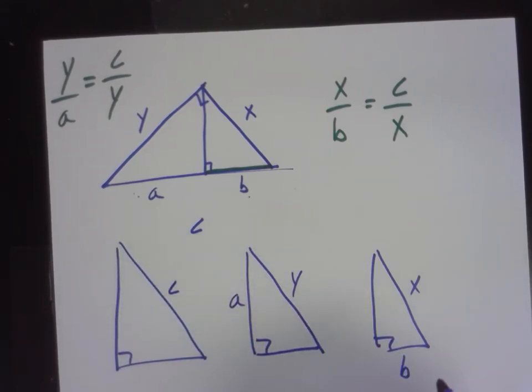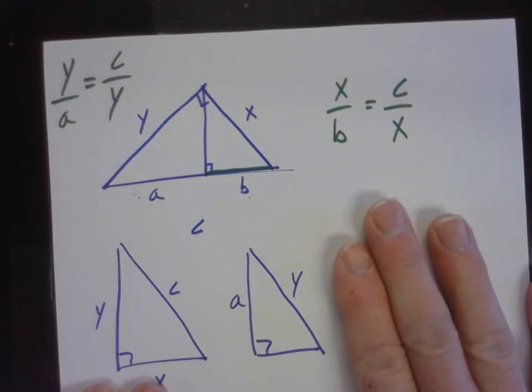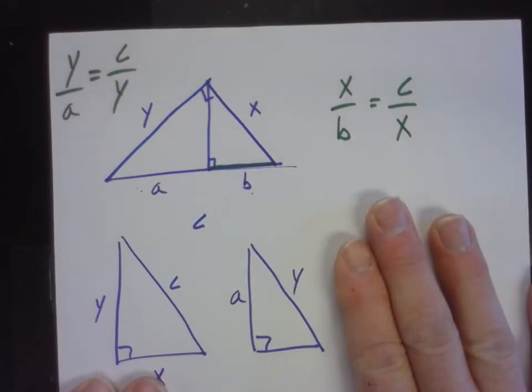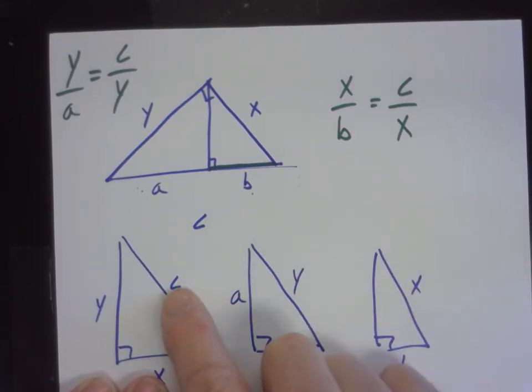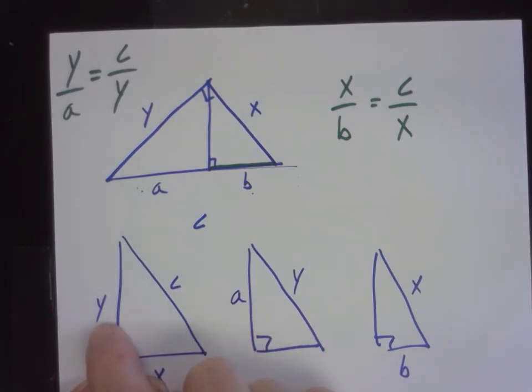And the long leg is Y, and the short leg is X. Look at those two triangles. Y over C equals A over Y, doesn't it?